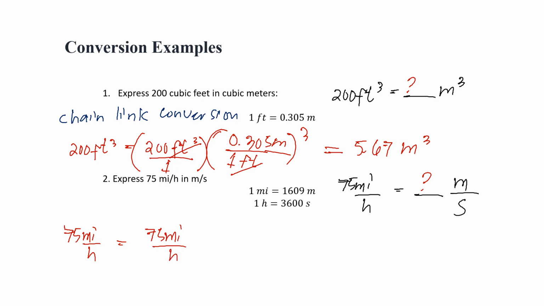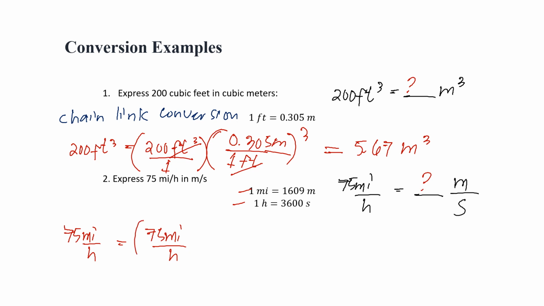And then we use these conversion factors. You have 1 mile is equal to 1609 meters, and then 1 hour is equal to 3,600 seconds. So we can write out first 1 mile is equal to 1609 meters to cancel out the miles, or you can also choose to write first 1 hour is equal to 3,600 seconds to cancel your hours.